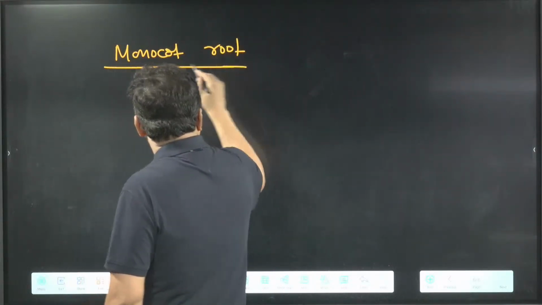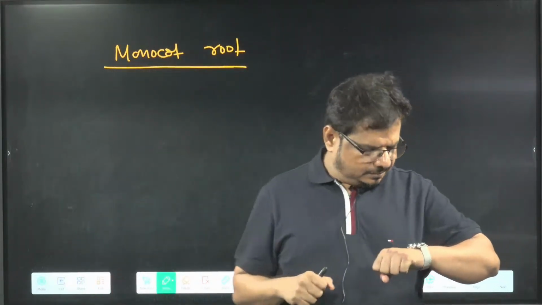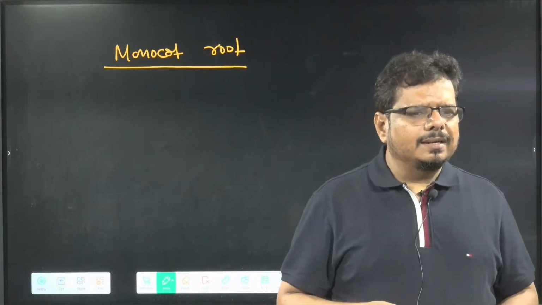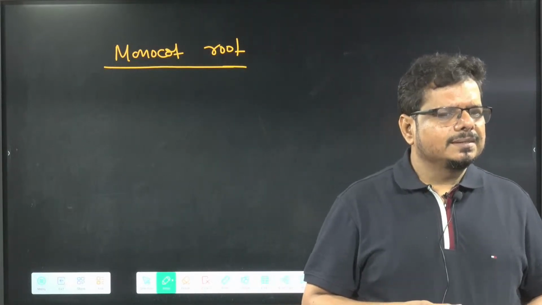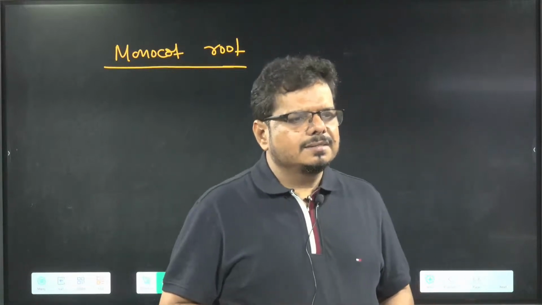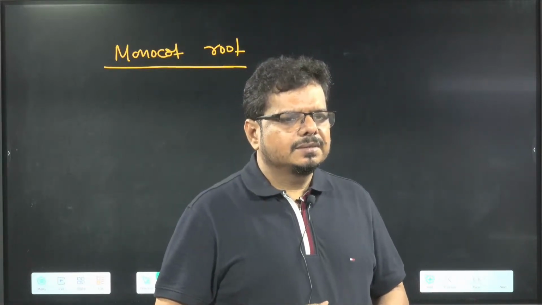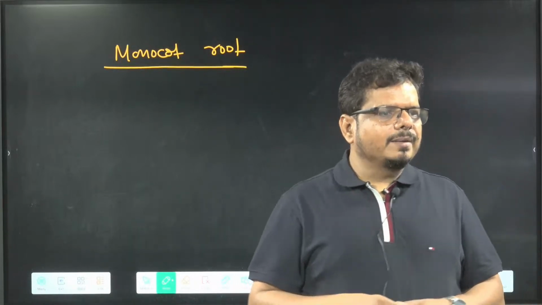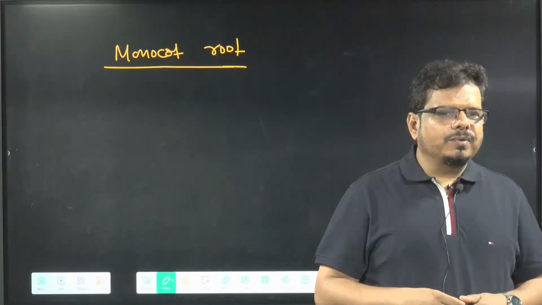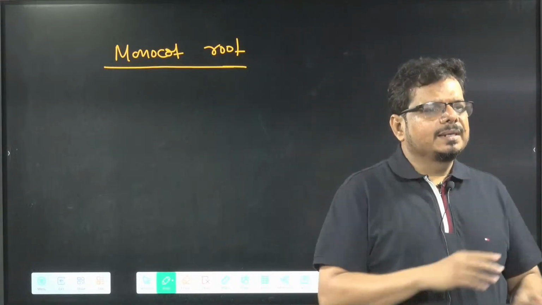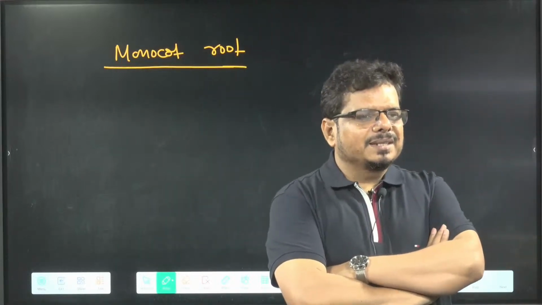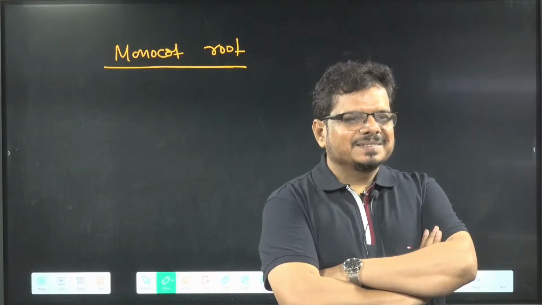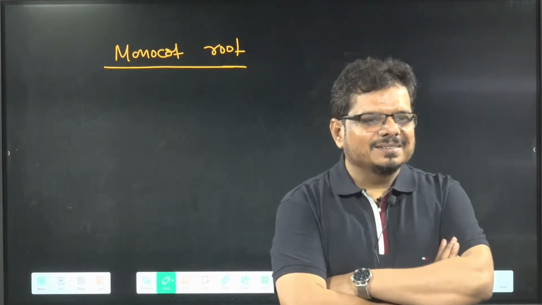Time is there. Class is up to 11:15, right? Let me check whether your sir came or not. If not, I will take the opportunity and teach you for 5 minutes. In 5 minutes, monocot root will be over. Nothing much differs. Getting the things or not?